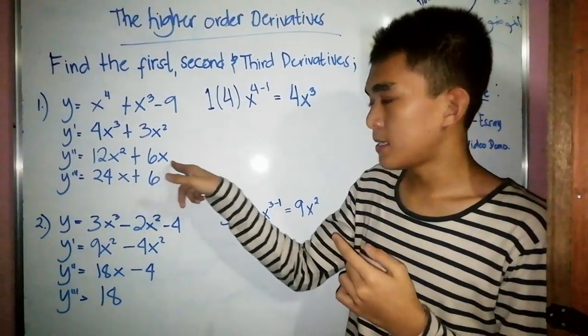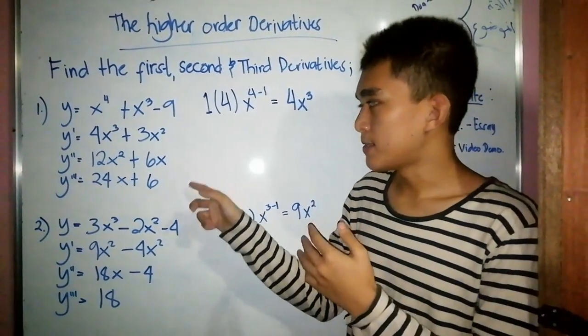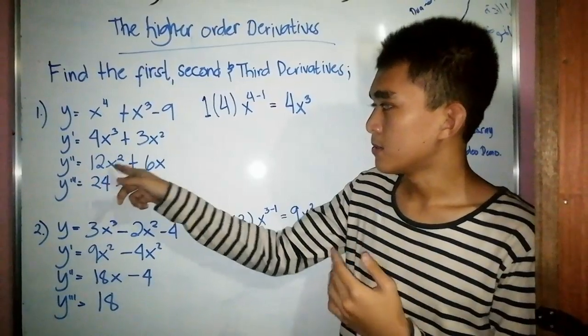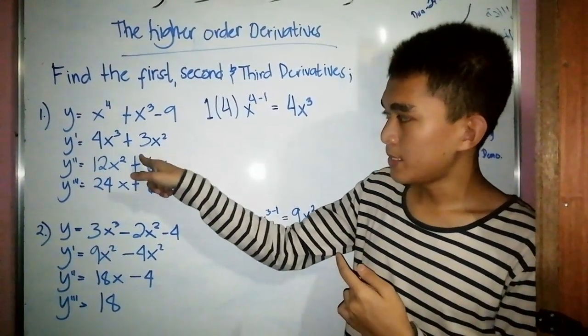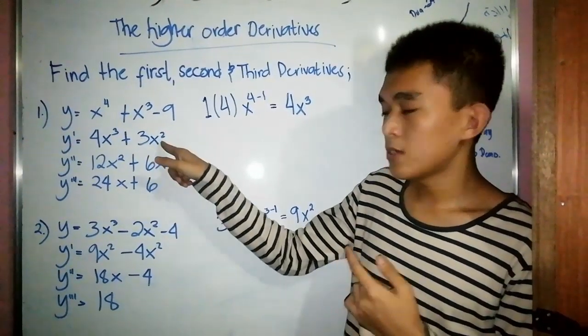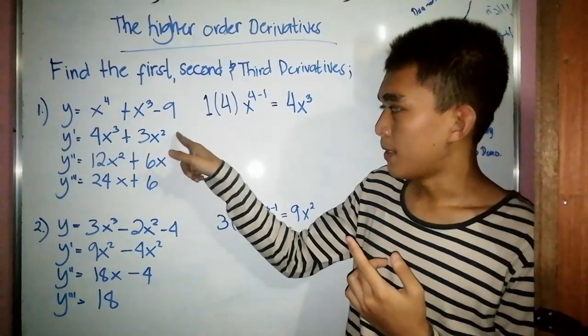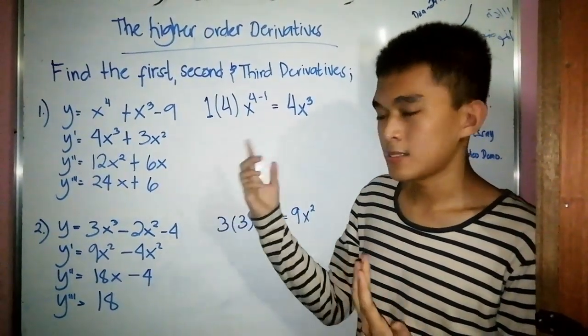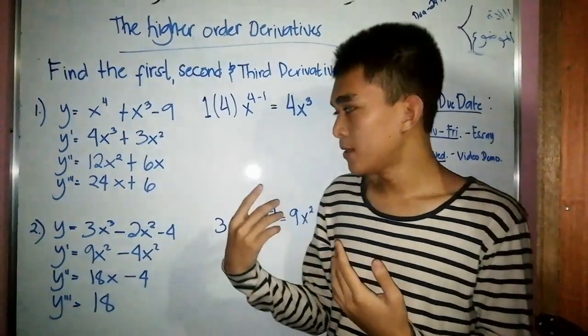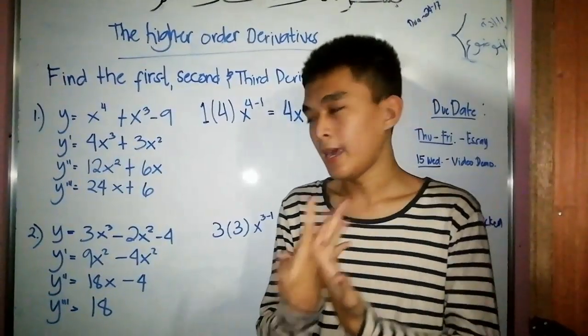As for the 6x, it's the same process as for the 12x^2. So 2 times 3 is equal to 6, and then we subtract 2 minus 1, so it will become x.